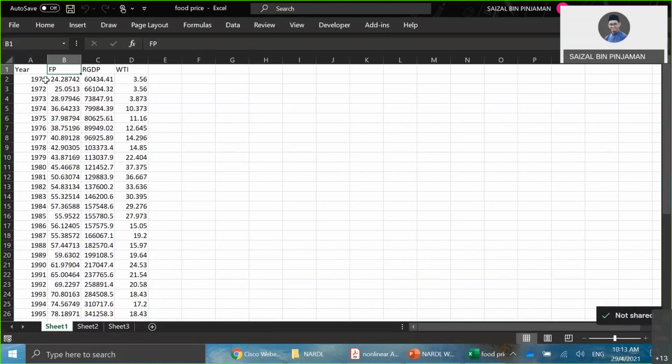We have FP to represent the food price, GDP to represent the real gross domestic product, as well as the WTI, the West Texas Intermediate, to proxy the oil price. Based on the data, you can see that this is time series data from 1971 until 1995, so around 25 years of data.